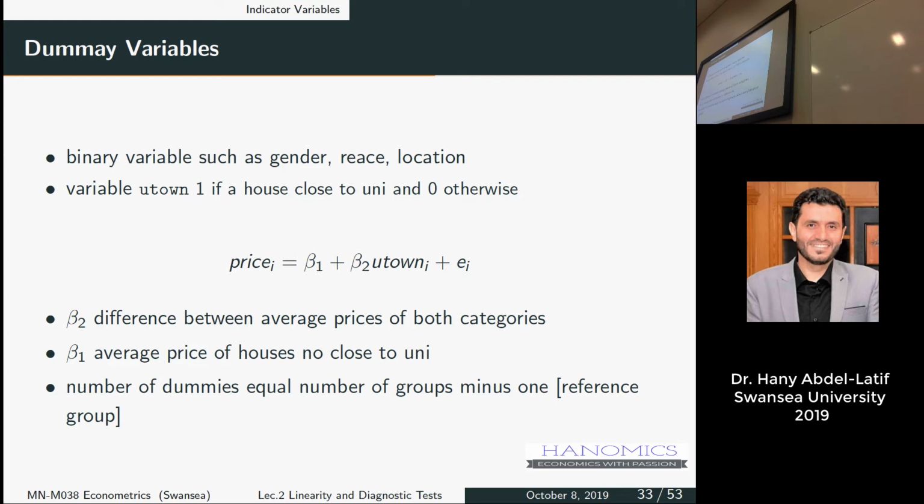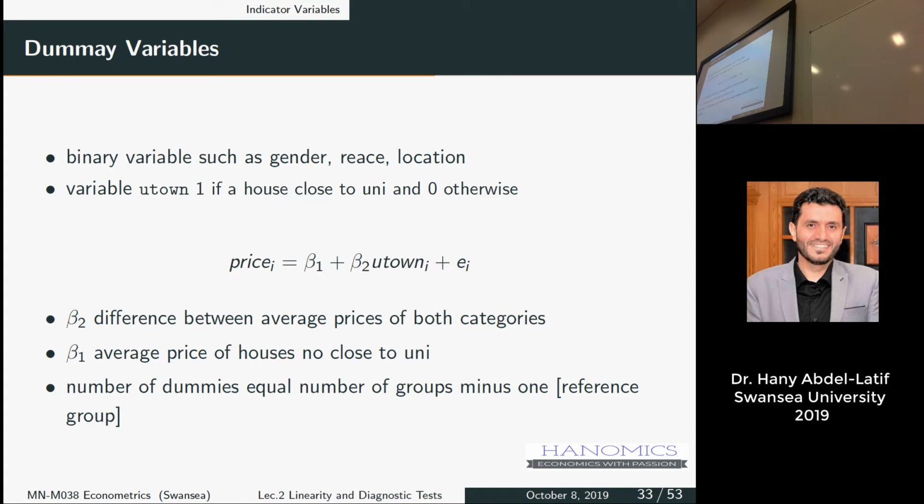So if G is the number of groups, then I need to use G minus 1. If I want to put dummies to capture the effect of 4 seasons, how many dummies do I include in the model? 3. So you drop 1 to compare with. Again, if you have monthly dummies, how many months do we have?